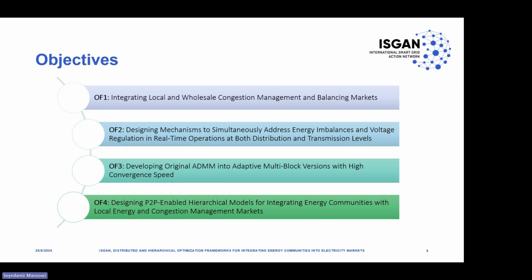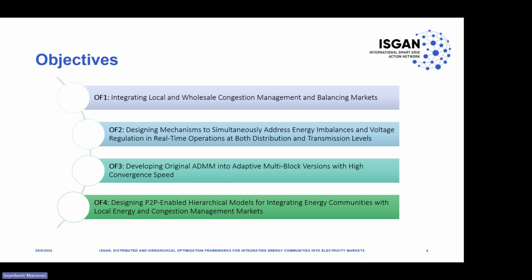And the fourth objective here is designing peer-to-peer enabled hierarchical models for integrating energy communities with local energy and congestion management markets. So in objectives 3 and 4, we provided two different optimization models.